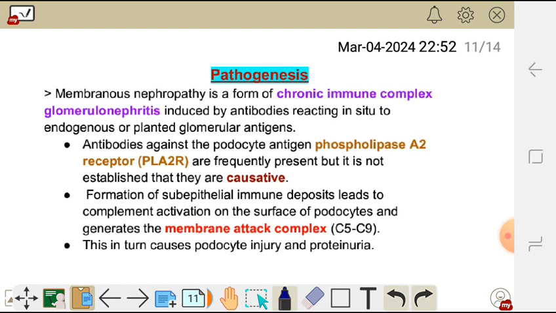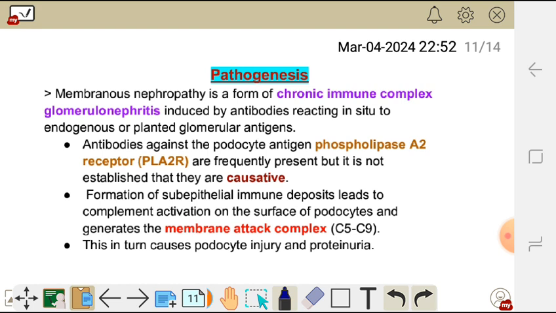Okay, and this is not an established causative. Okay, so it is not confirmed to be the cause of this disease, but antibodies and antigens such as the phospholipase A2 receptor, they react and form an immune complex.